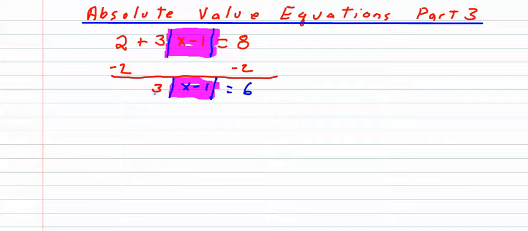This 3 is out here, so we divide by 3 on both sides, and we get the absolute value of x minus 1 is equal to 2.